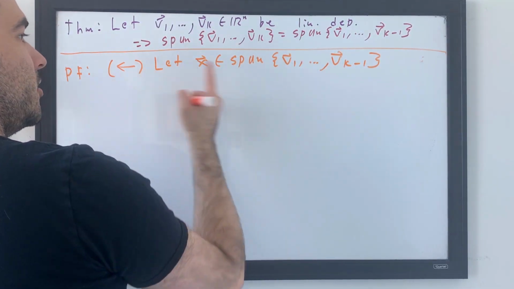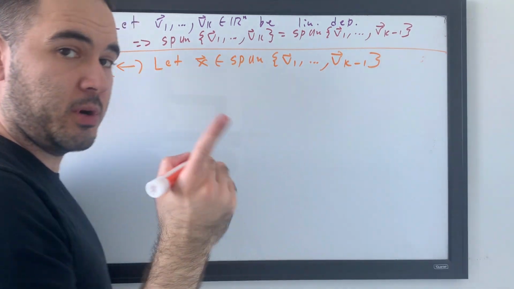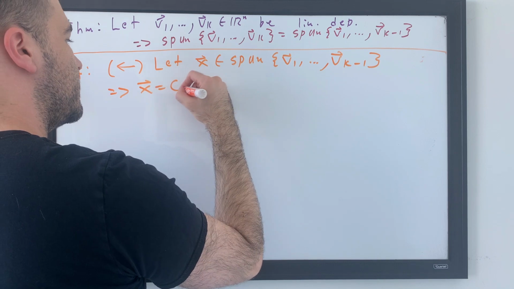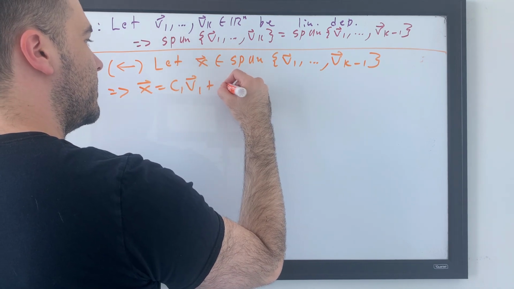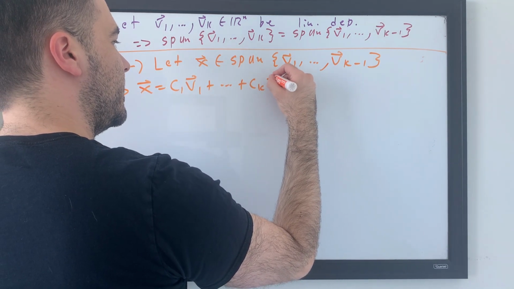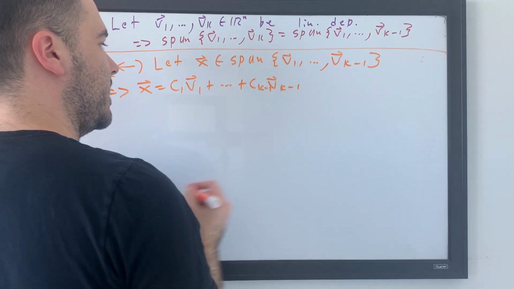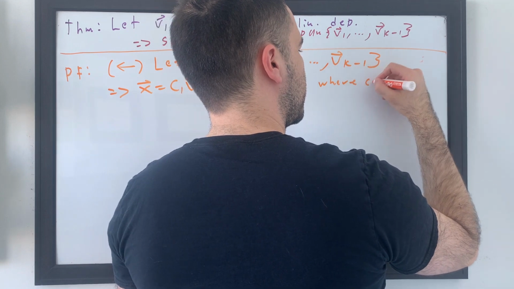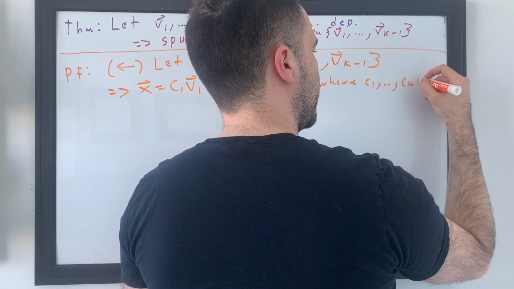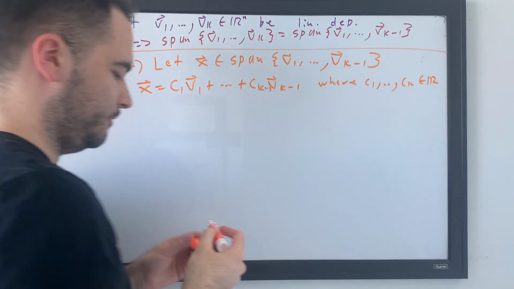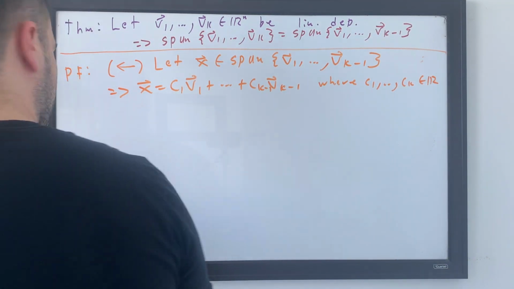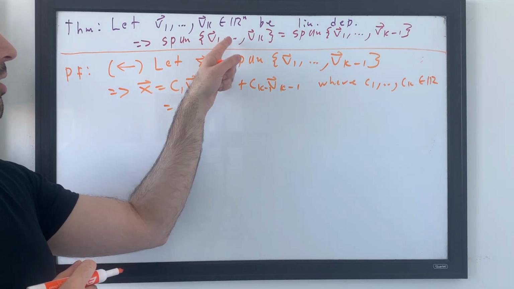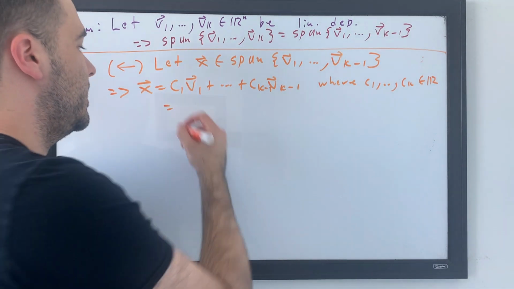Okay, so if something is in the span from part 3, this basically means that x is equal to c1 v1 plus all the way to ck minus 1 vk minus 1, where c1 to ck minus 1 are real numbers. Okay, this one is the easier side. So again, we need to show that this is also a linear combination of these ones. How do we do that?